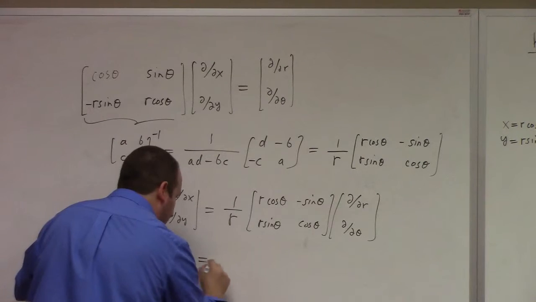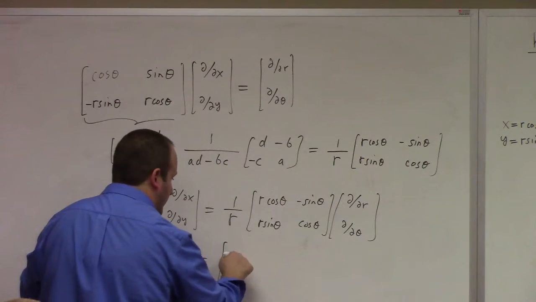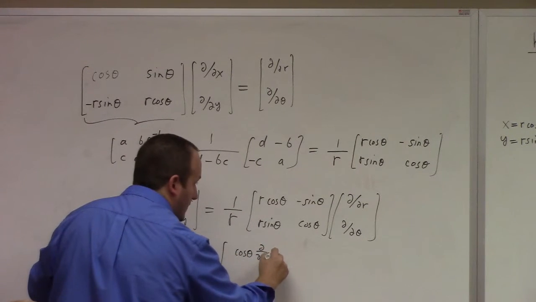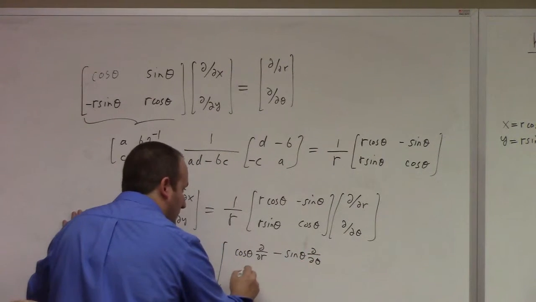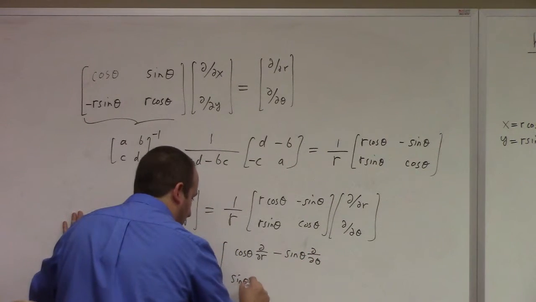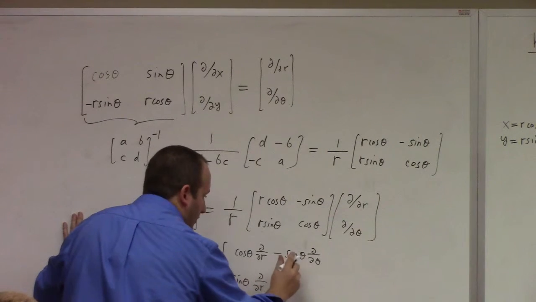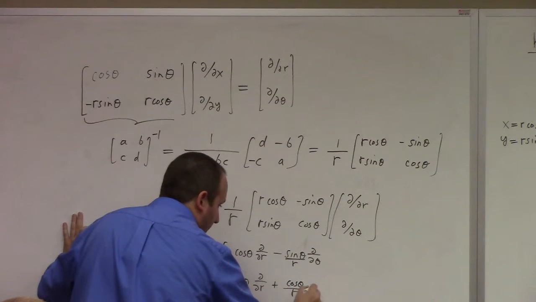Okay, so what that gives me is cosine theta partial r minus sine theta partial theta, and then I get sine theta partial r. I have a 1 over r here, plus cosine theta over r partial theta.